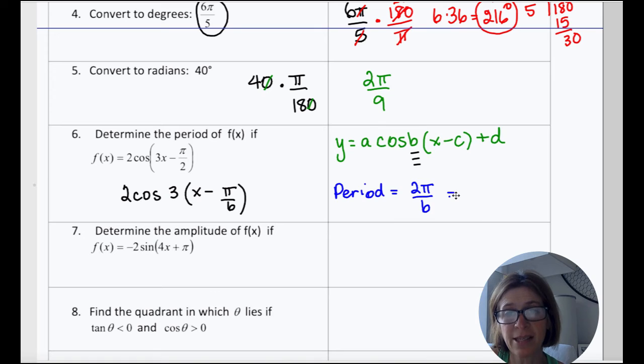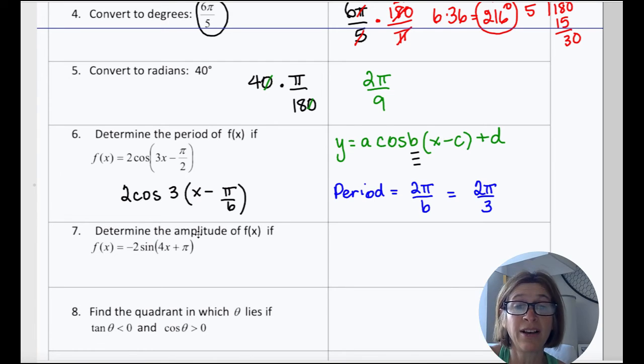So in this case, my new period would be 2 pi over 3. That means the full rotation of cosine, the full graph, is going to occur if I start at 0 and go to 2 pi over 3. So I'm going to see that full rotation of the graph, okay?